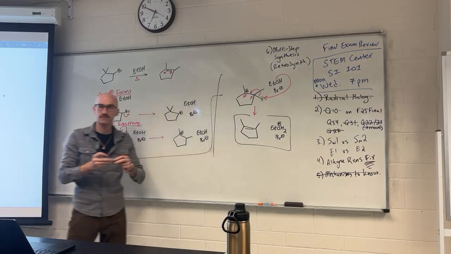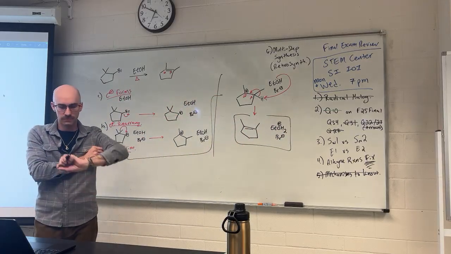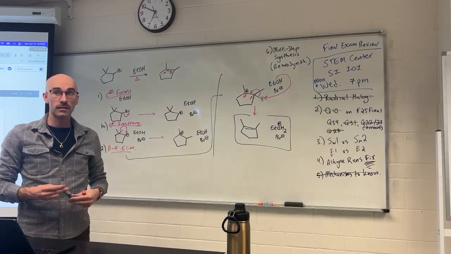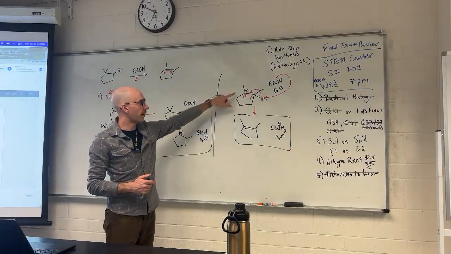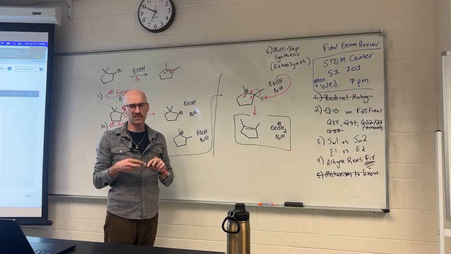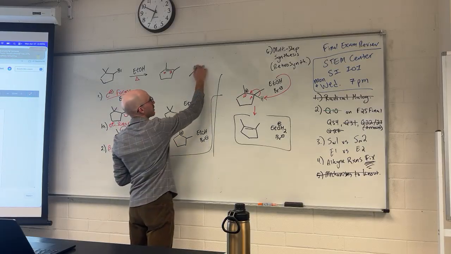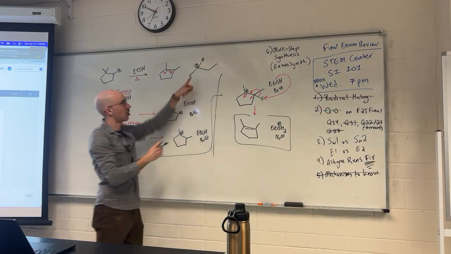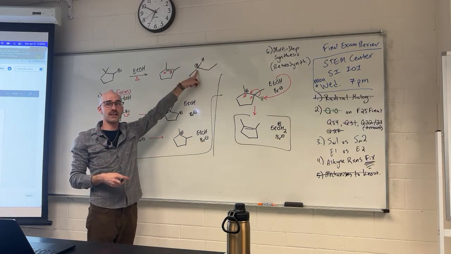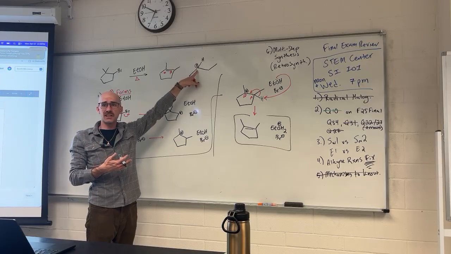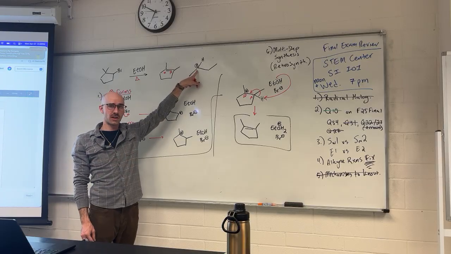Also, the carbocation doesn't have a hydrogen to even get, right? So we can think of it that way too. You're right. I couldn't take a hydrogen from that carbon even if it had one. For instance, if I had something like this, that carbocation has a hydrogen on it, but I can't eliminate that hydrogen. There's nowhere for the electrons to go.